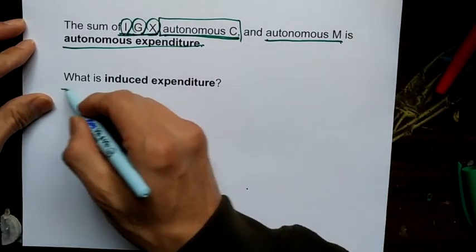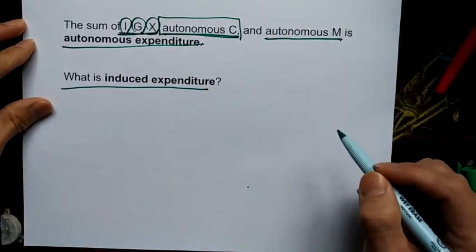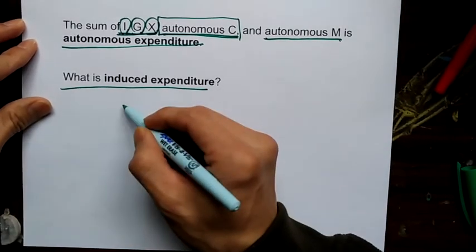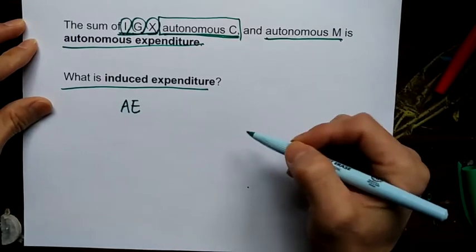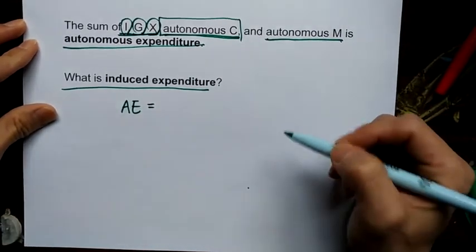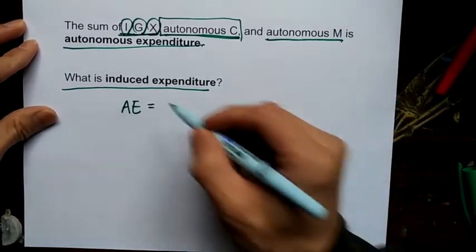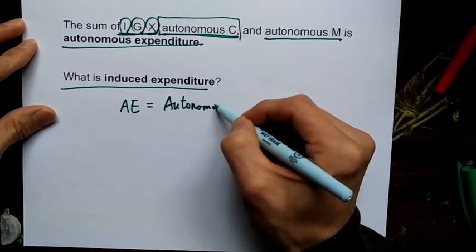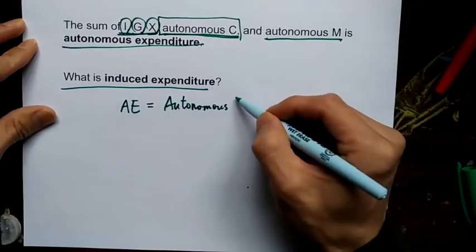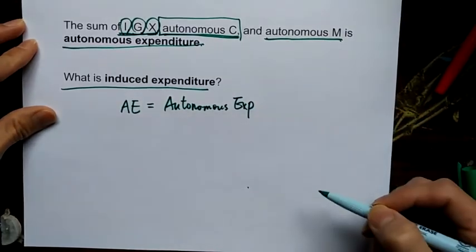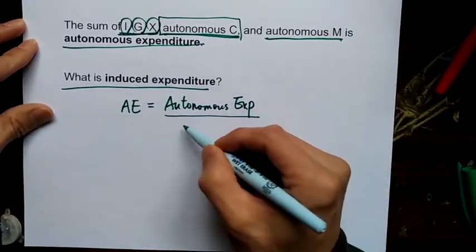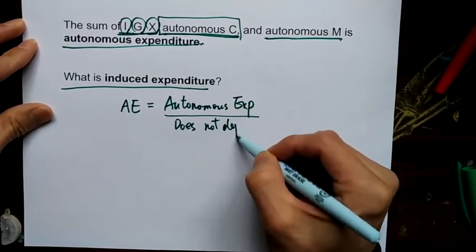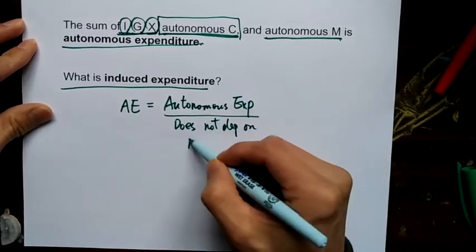Now, what is induced expenditure? Remember, total expenditure. Part of the aggregate expenditure is the autonomous expenditure, which doesn't depend on income.